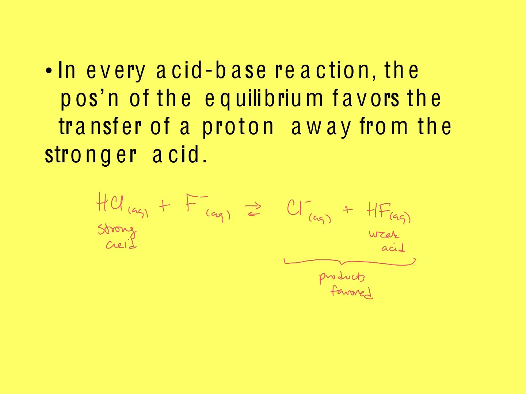And because in this case the products are favored, that means the equilibrium constant of this reaction will be greater than 1. People think that because the HCl is a stronger acid, it's going to favor the side of that strong acid, but in reality it's the opposite, as it's going to want to favor the ionization of whichever acid is stronger.